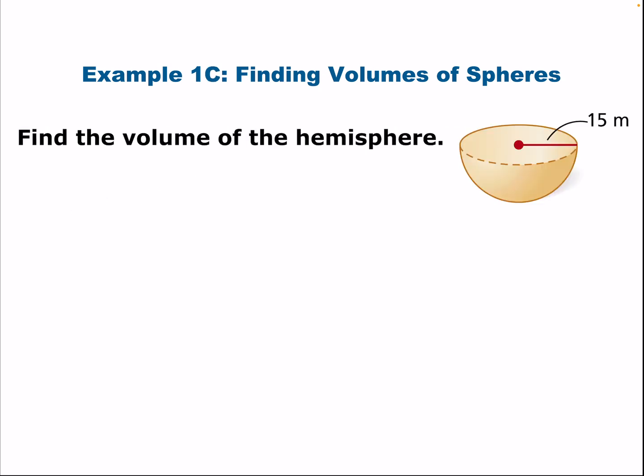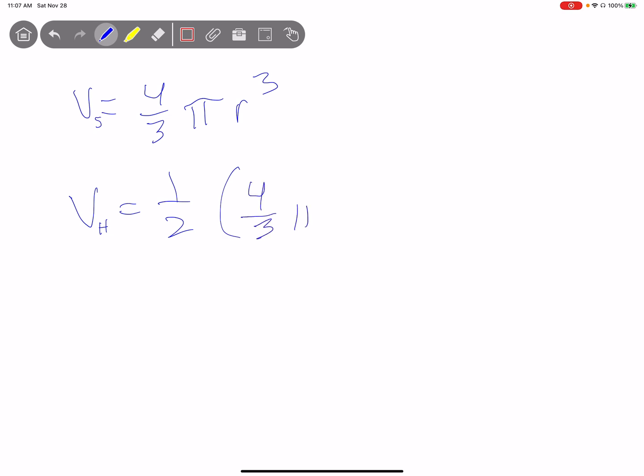So find the volume of the hemisphere. In this case, we're given 15 meters as our radius. If I know that the volume of a sphere is equal to 4/3 times pi times the radius cubed, this is for a sphere, then the volume of a hemisphere is half of that, because remember, a hemisphere is half of a sphere.